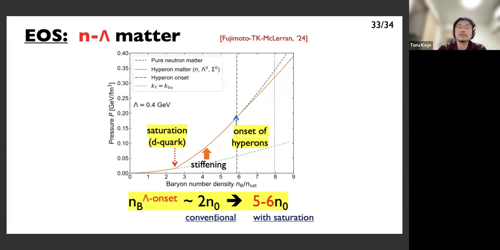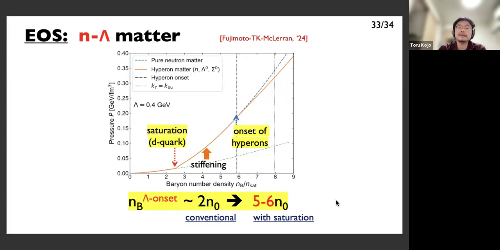Without d quark saturation, the lambda zero would appear somewhere around twice nuclear saturation density in this model. But with d quark saturation, the hyperon appears only beyond 5 times nuclear saturation density. Even though in this calculation we didn't include any baryon-baryon interaction or YN repulsion, the statistical consideration alone has a significant impact.